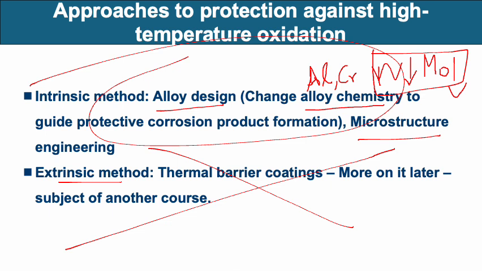So now I have told you the approaches to protect against high temperature oxidation, but we need to understand the fundamentals. So far I have been giving examples from practical applications, how they are used and why we need all these things. But for you to succeed as an engineer in the field, you need to understand the fundamentals. If you do not understand the fundamentals, you are not going to solve any practical problem. So the theory is very important.